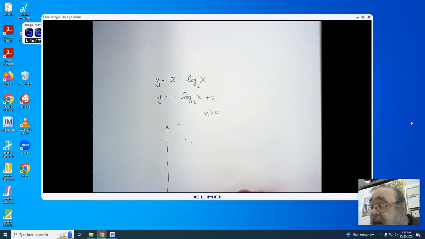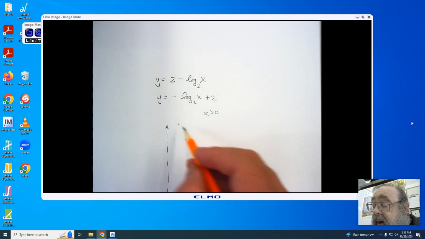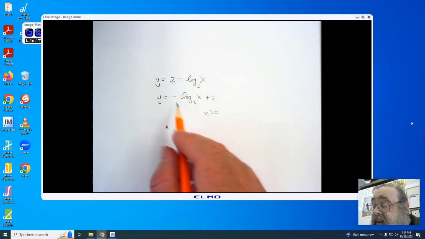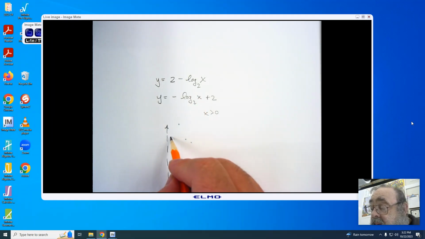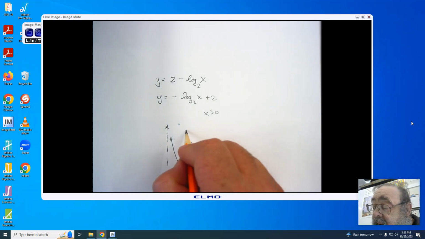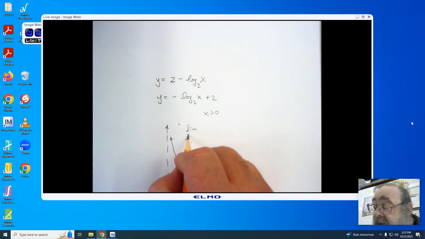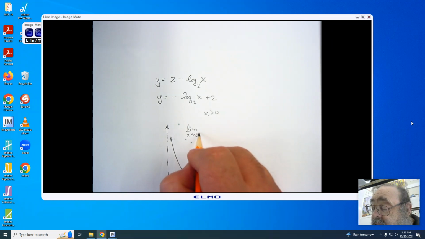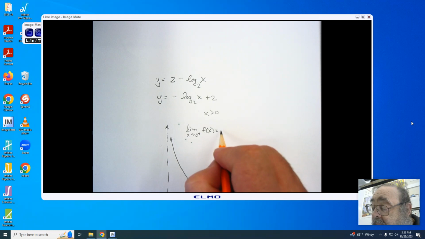Normally it would be going like so, shifted up, but because this is a minus, it is now going down and looks like so. Notice the limit as x is approaching the zero value from the right for this function is going to be positive infinity.